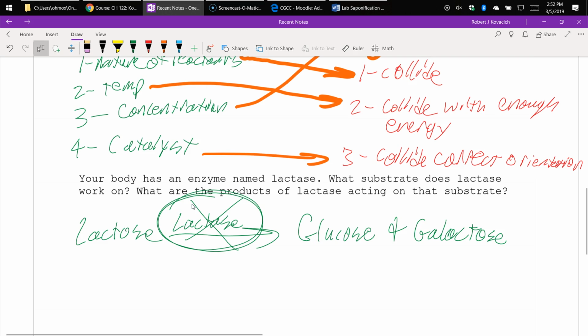What is it that people who are lactose intolerant suffer from? Acne? Really? I didn't know that. That's not what I'm thinking. I'm thinking gas, right? So they're going to make carbon dioxide. That's not supposed to be in your intestines. There aren't supposed to be gases in your intestines.